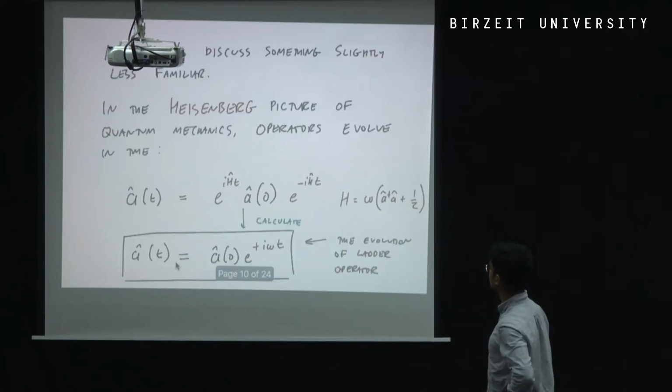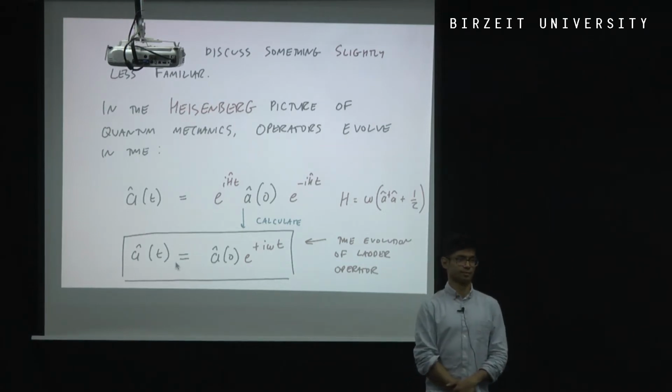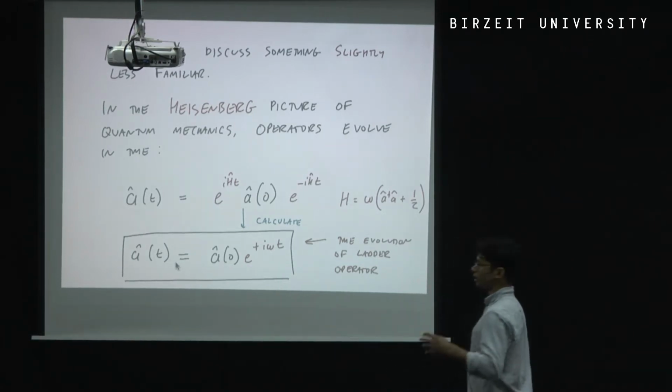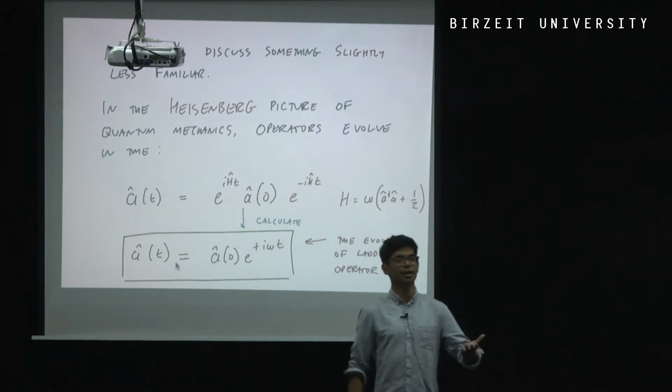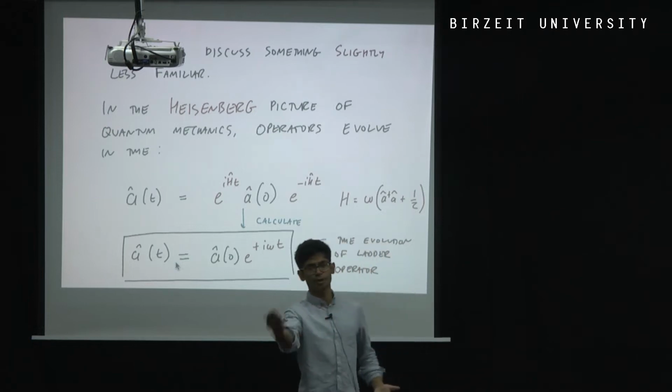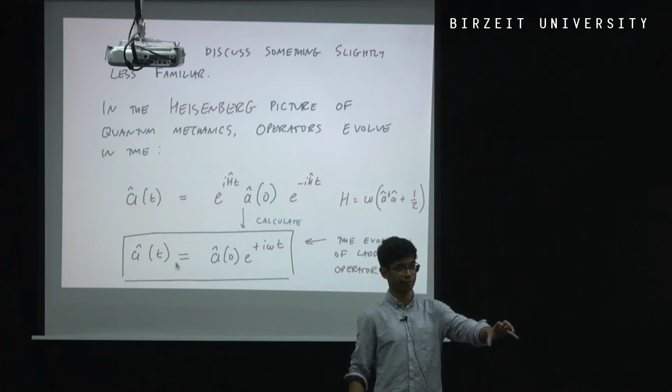Good. Let's discuss something that is slightly less familiar. When we talk about things evolving in quantum mechanics in time, there are two ways to do it: the Schrödinger picture, where the states evolve, or the Heisenberg picture, where the operators evolve.